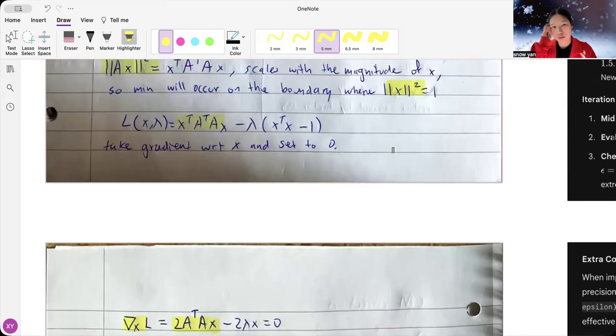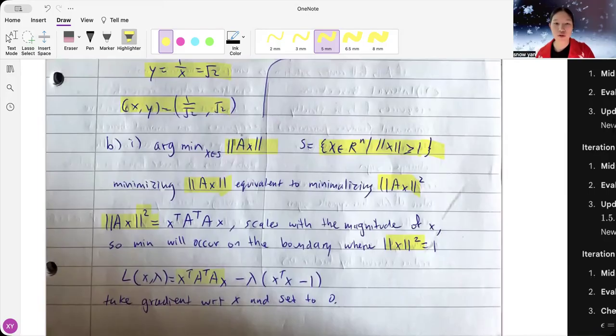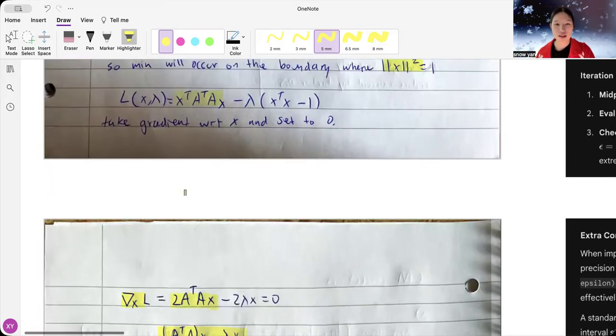The major takeaway here is that squaring this kind of distance wouldn't change it, and the dot product makes it much easier to take the derivative, I mean the gradients. On top of that, taking the gradient of x^T A^T A x, if it was just a normal matrix of the form x^T M x, then it would have been (M plus M^T) times x.